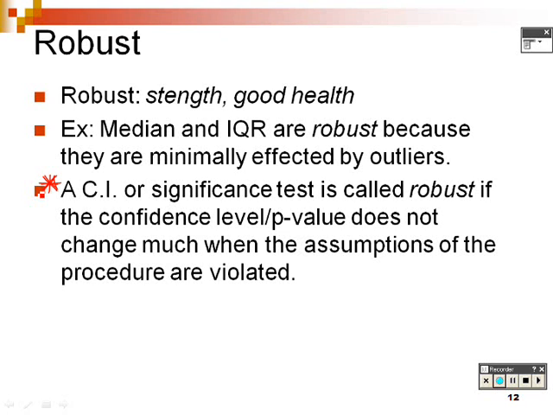We say that a confidence interval or a significance test, the two things that we've been studying lately, are robust if the confidence level or the p-value, the thing that you're coming up with, is not changed very much when the assumptions of the procedure are violated. And here's what we mean by the assumptions of the procedure.